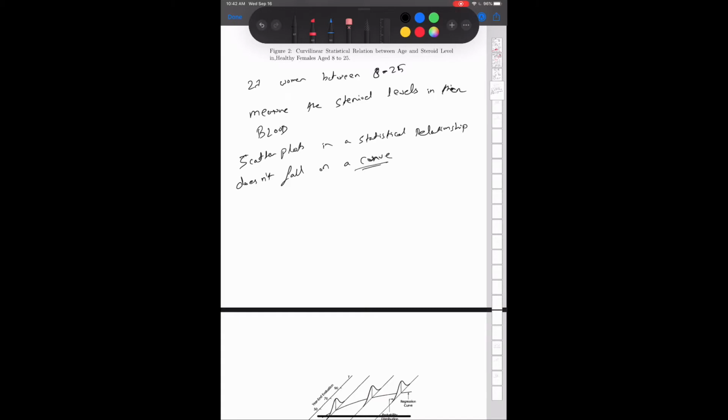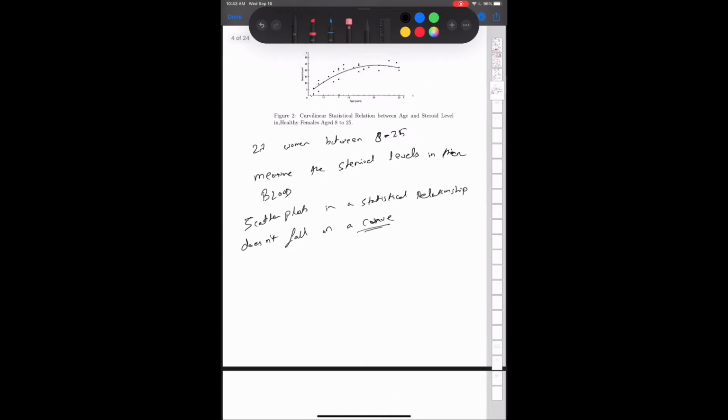If all your data points fit a very nice simple curve, then it basically means that the relationship is deterministic. And the scatter plots don't fall on a curve if the data has a statistical relationship.